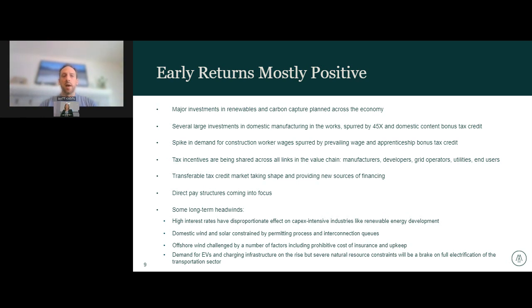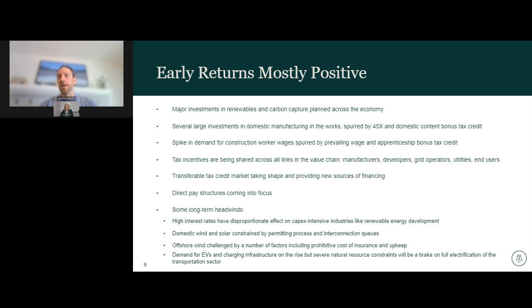We're seeing a spike in demand for construction worker wages. These credits are now tied to paying your workers a prevailing wage, so there's basically a big incentive to do so. And there are further benefits for using domestically sourced content if you're a developer of renewable projects, and we're seeing quite a bit of that as well.